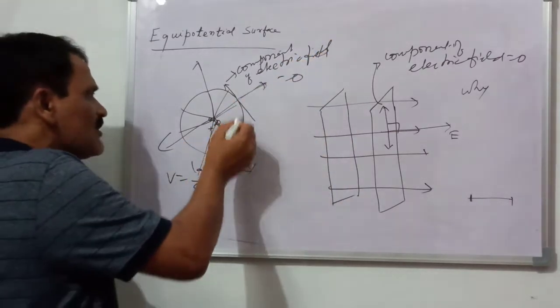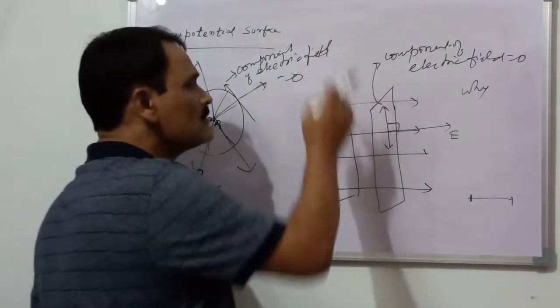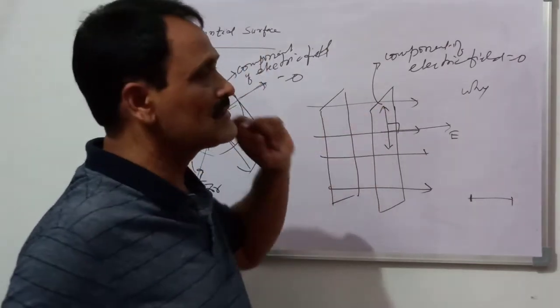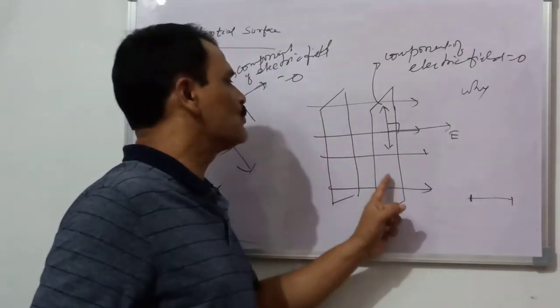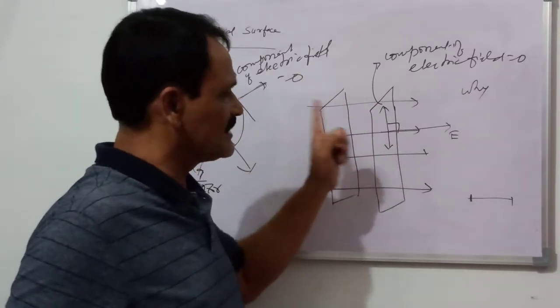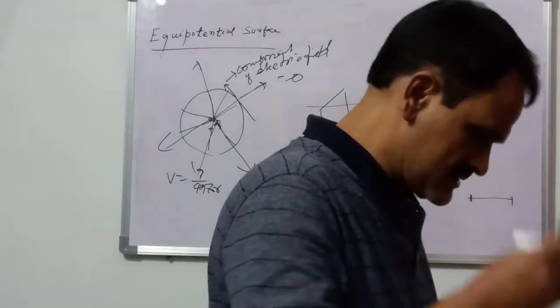And since the component of electric field along the surface is 0, no work is done in moving a charge from one point to another point, and since no work is done, the potential difference will be 0, which means all the points have the same potential. So this is the concept of equipotential surface.